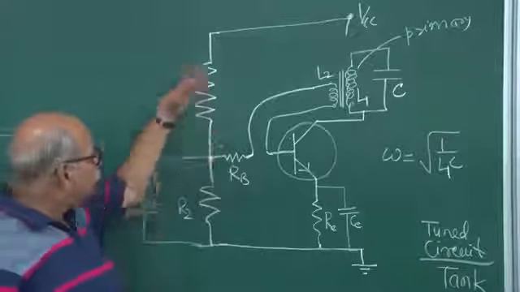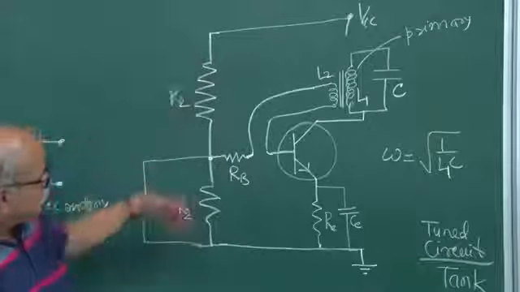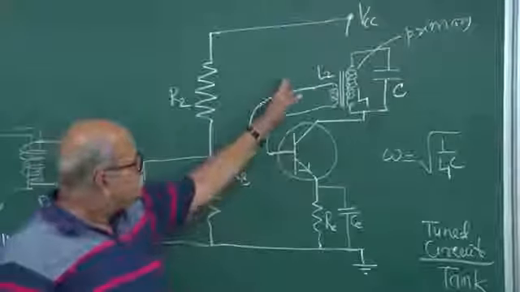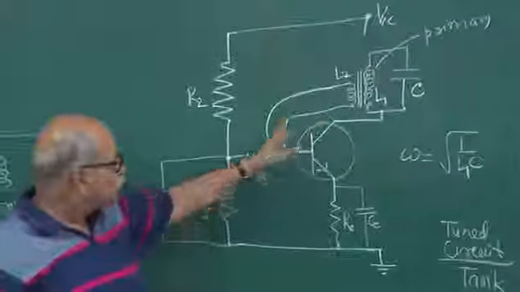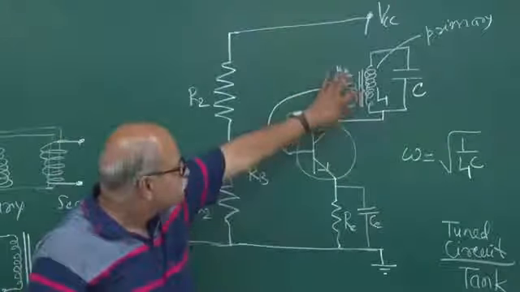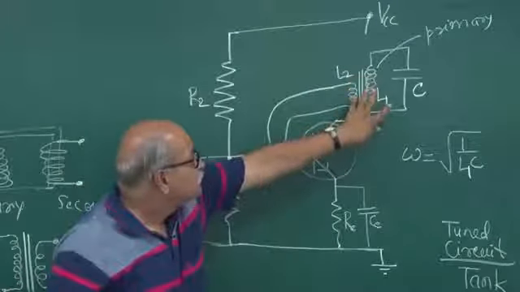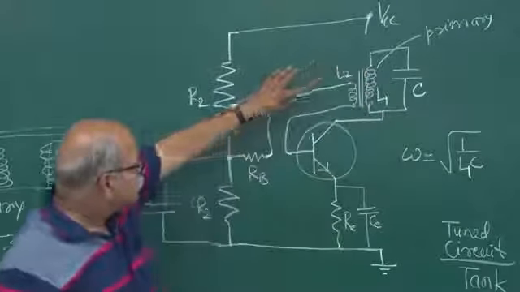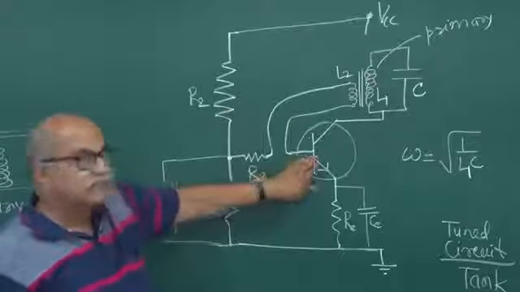So whatever was going through this biasing to the base, in the path we have connected this. So part of this output which is generated, this amplified thing, is taken into this base circuit.